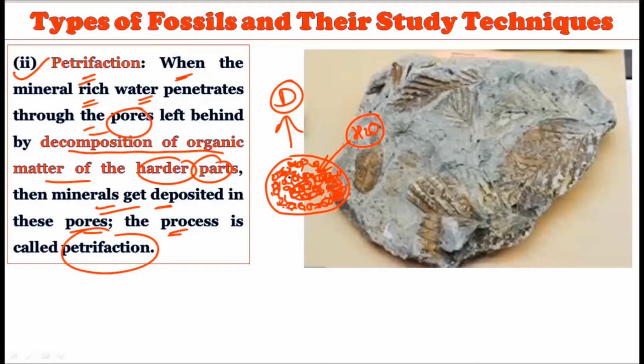Actually, it is getting converted into stone due to the deposition of minerals like lime or silica. So due to this, it is completely petrified. So what is petrification? Petrification is nothing but the deposition of minerals in the porous structure of the plant or animal remains. And once it is deposited perfectly, it will convert the whole softer part into a stony part, and the process is called petrification.